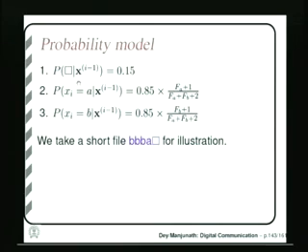So, we take this model. This example is from MacKay's book. We take this probability distribution, this model. We assume that at any time the file may end with probability 0.15. So, this is that conditional probability. Whatever you have received, the file may end with this probability at the ith symbol, and then the rest of the probability is 0.85, that is divided between these two, depending on how many A's you have received and how many B's you have received.